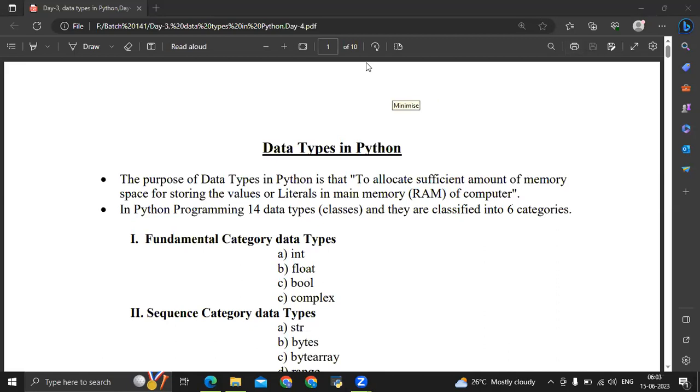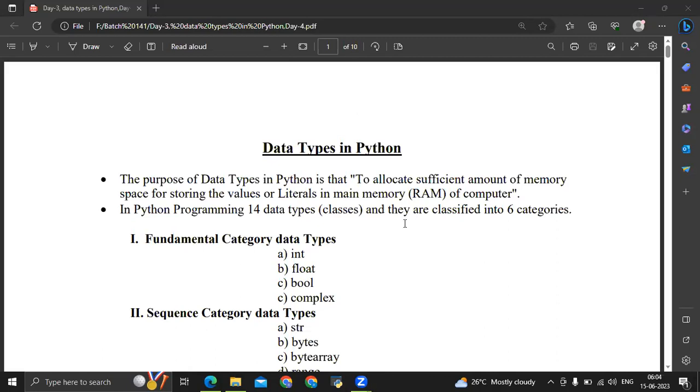Because whatever we are studying in the class, you need to practice all the time. This is something very important. Whatever we discuss in the class from now onwards, you need to practice every day. Okay, so let's go ahead with the data types in Python.